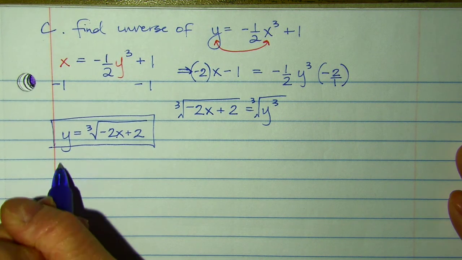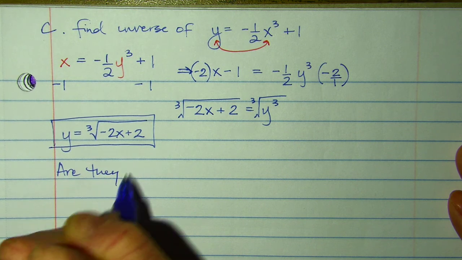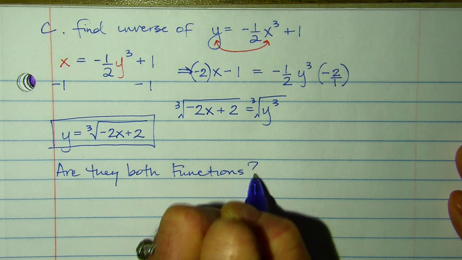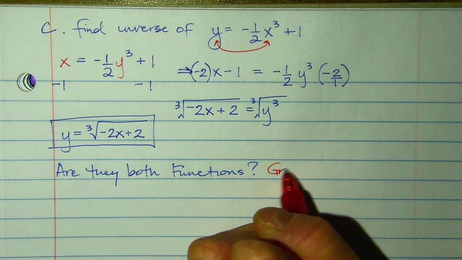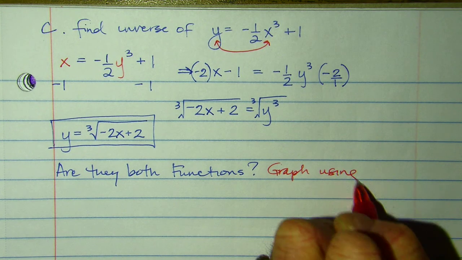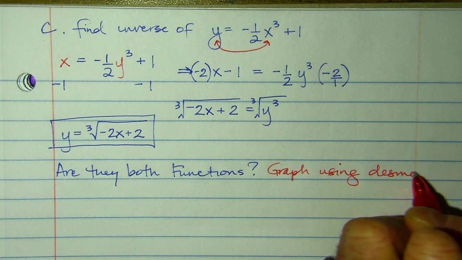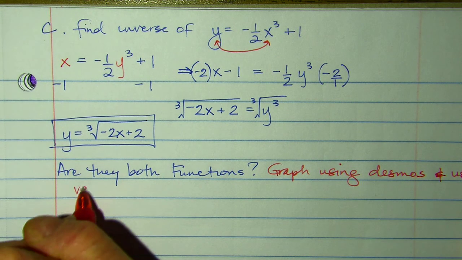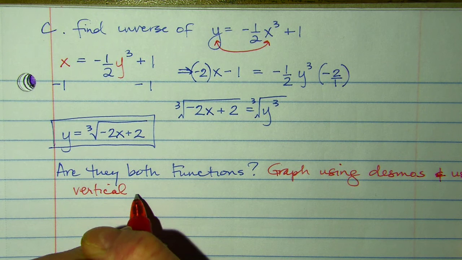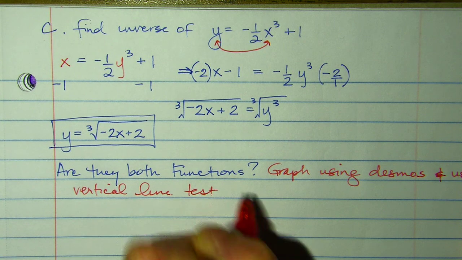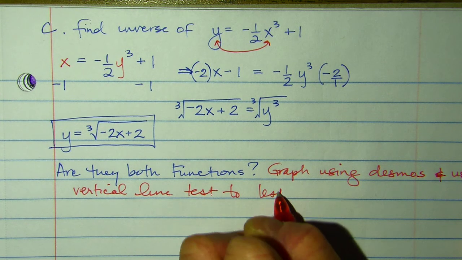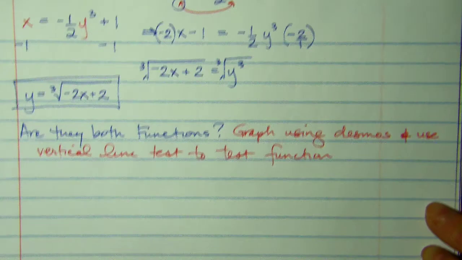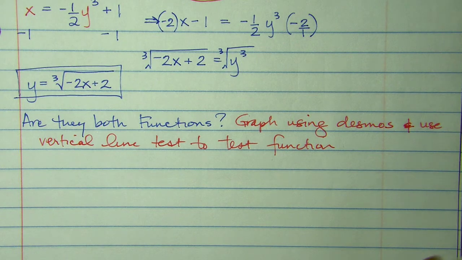Then it asks, are they both functions? We are going to graph using Desmos and use the vertical line test to test for function. On your iPad, I'm going to use my phone because I don't have a school iPad.